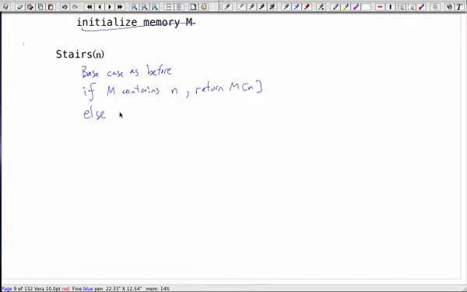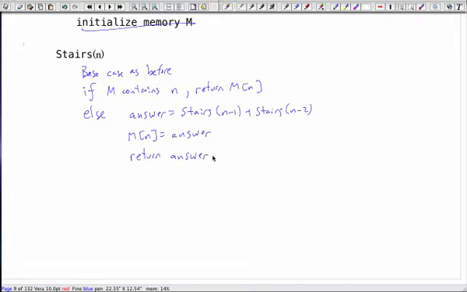Otherwise, basically you're going to set answer equal to stairs of n minus 1 plus stairs of n minus 2, and then return the answer. This is just an implementation of exactly what you said: initialize some memory at the beginning, and then remember the answers that you compute.